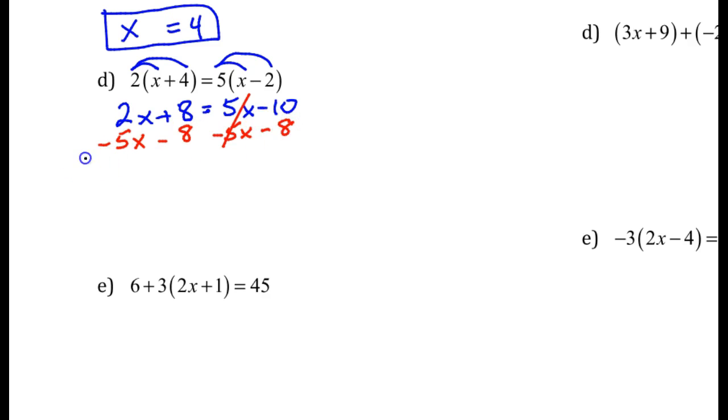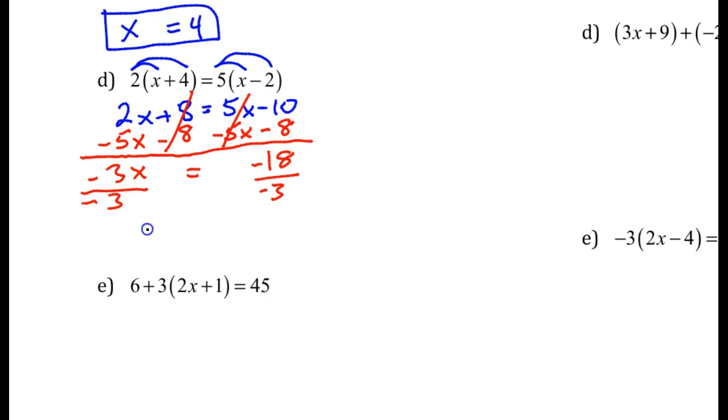So I'm trying to get the variables to the left and the numbers to the right. Right? So one side you have to cancel out variables, the other side cancel out numbers. And then we're left with negative 3x equals negative 18. So once I divide both sides by negative 3, x equals, again, positive 6.